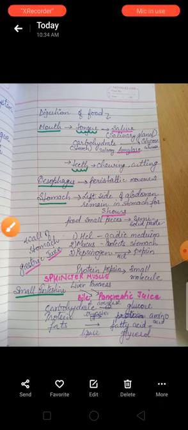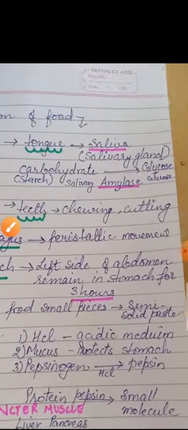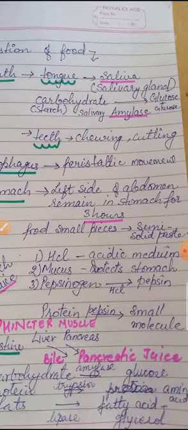So saliva helps in cutting the food particles. First thing. Second, this saliva is a kind of enzyme.